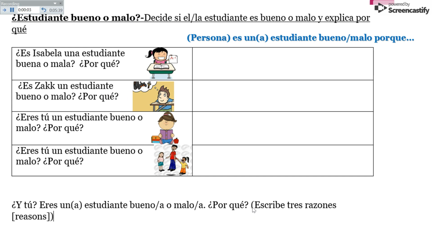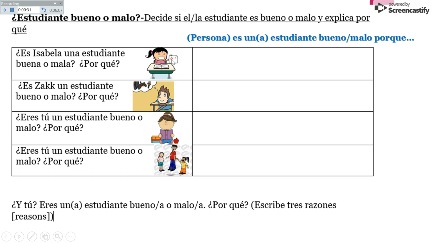In this segment, we are deciding if the person is a good or a bad student and explaining why. Again, we are assuming that these are behaviors exhibited repeatedly, not just one moment in time. In our first example, it says, "¿Es Isabella una estudiante buena o mala? ¿Por qué?" Well, you might not know Isabella personally, but if you see from this picture, she has an A+.